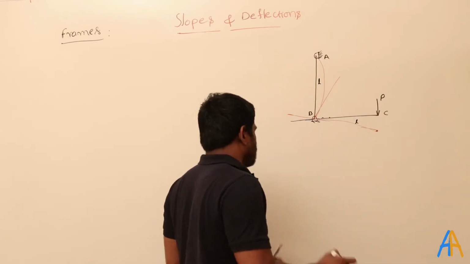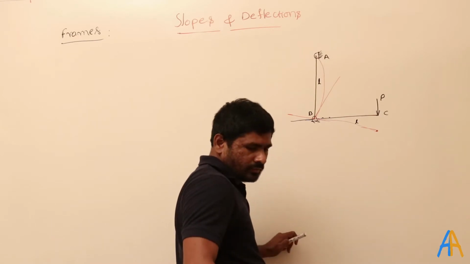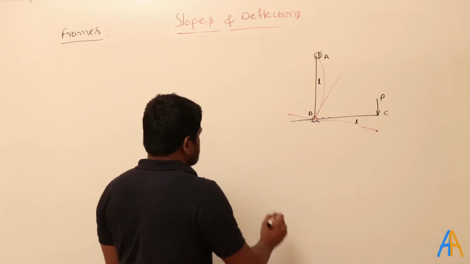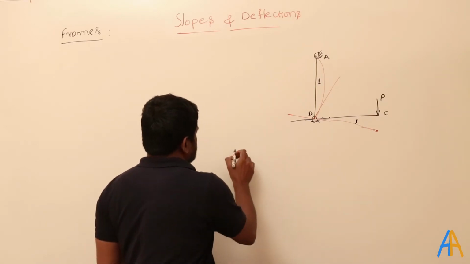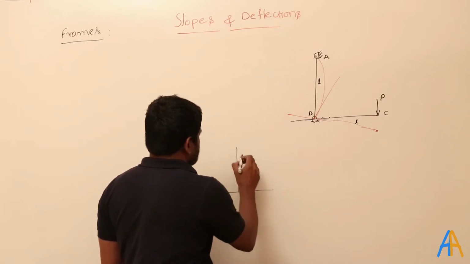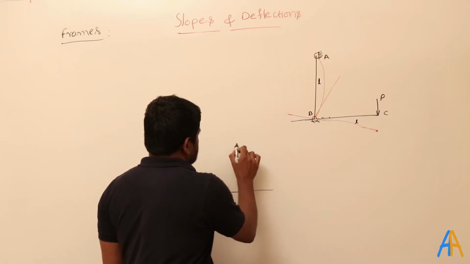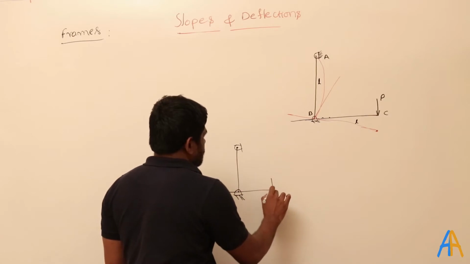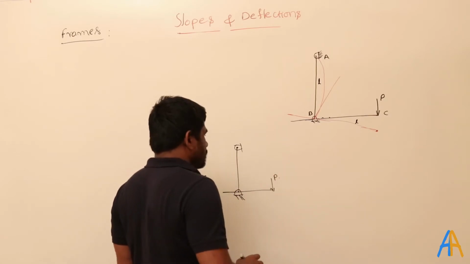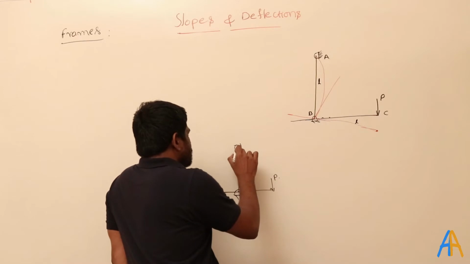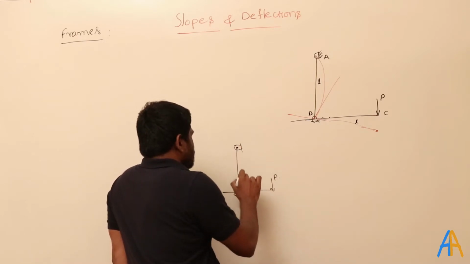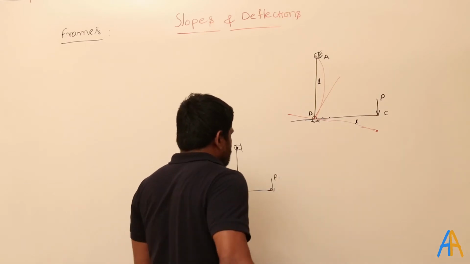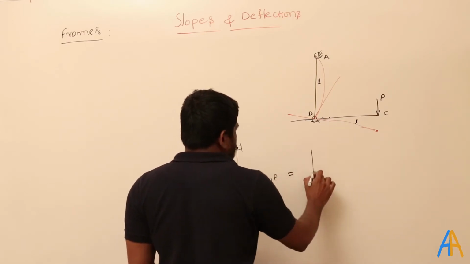Here we can visualize this in two steps. First, this is the frame. When I apply P, let's assume that this is not deflecting, only this horizontal is deflecting.